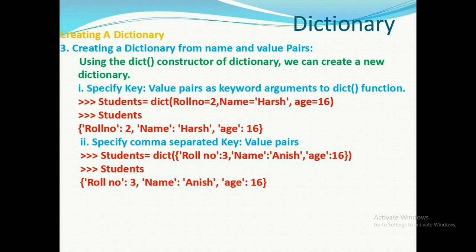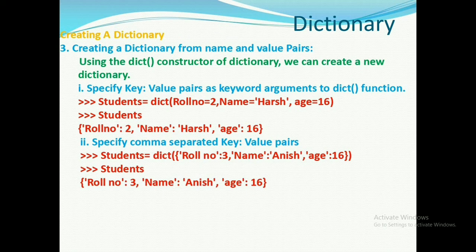Using the dict constructor, we can create a new dictionary in several ways. First, specify key value pairs as keyword arguments to the dict function. Here we write the name of the dictionary is equal to dict, roll number is equal to 2, name is equal to Horse, age is equal to 16, and if we print the dictionary, you will see the result.